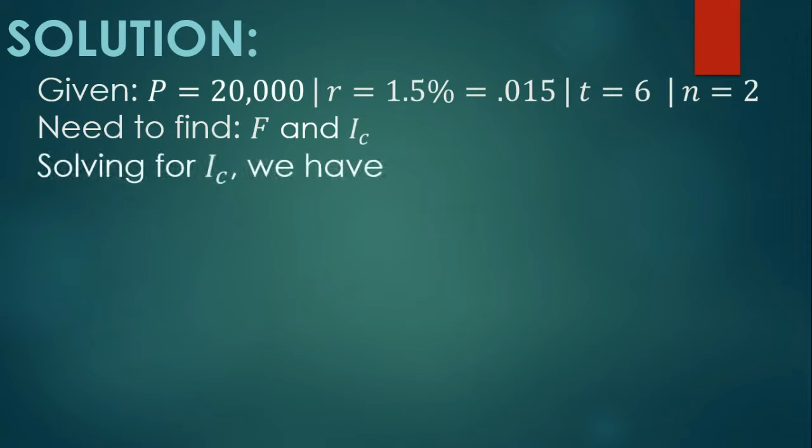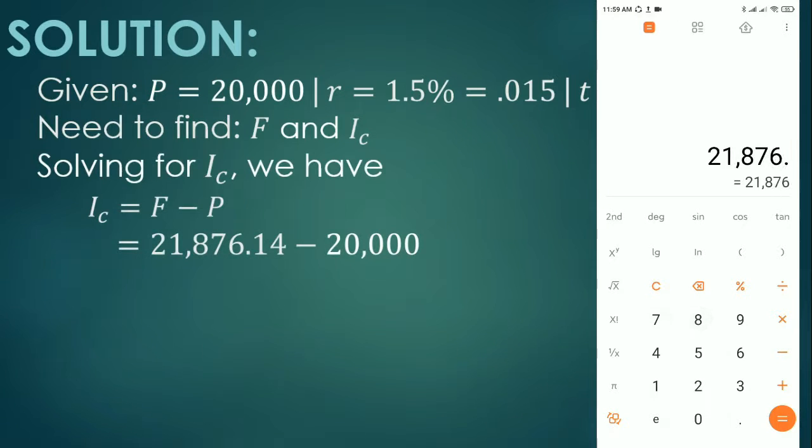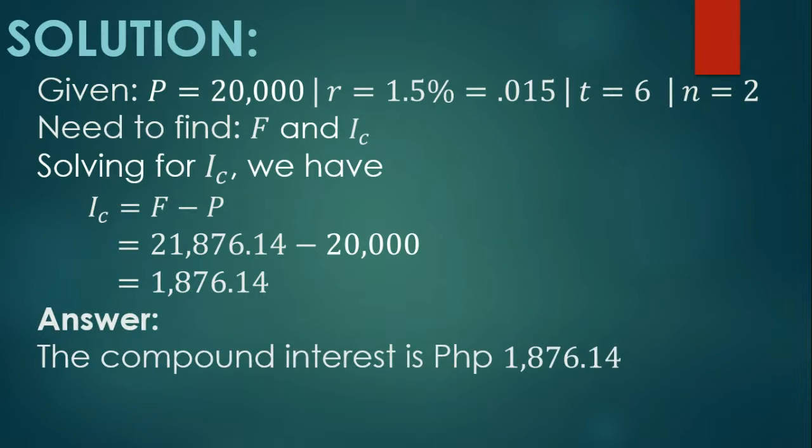Solving for I sub c, or the compound interest, we have I sub c is equal to F minus P. The value of the future value that we obtained, we have 21,876.14 minus 20,000. The compound interest is 1,876.14. So our answer is the compound interest is 1,876 pesos and 14 centavos.